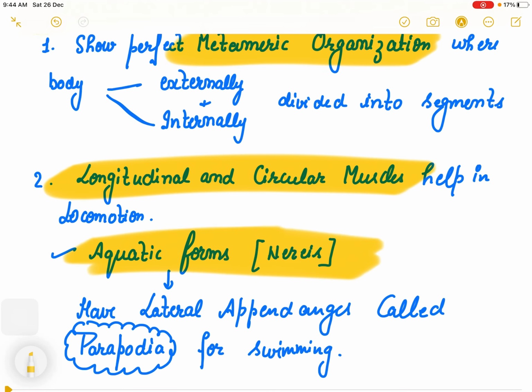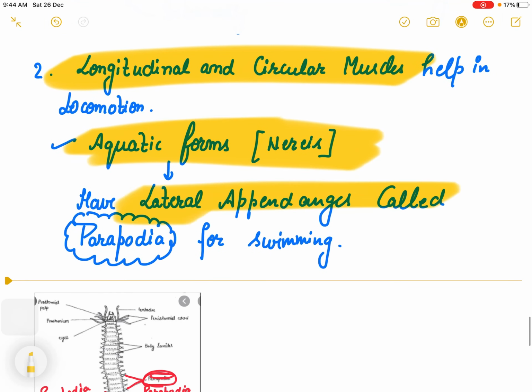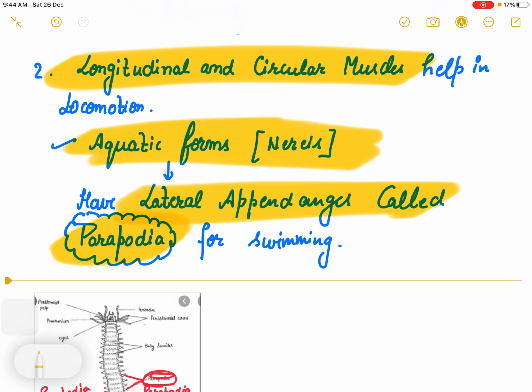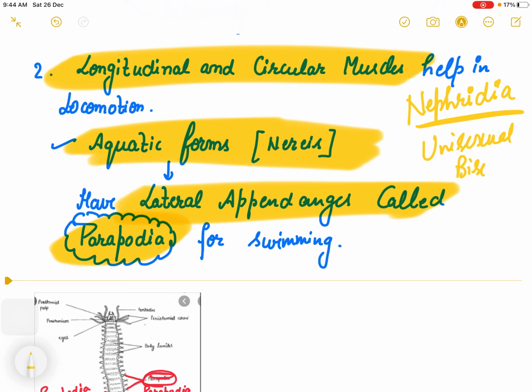In the aquatic forms, there is the development of parapodia, which help in swimming, as in Nereis, and they have nephridia as their excretory structure. Reproduction can be unisexual or bisexual.